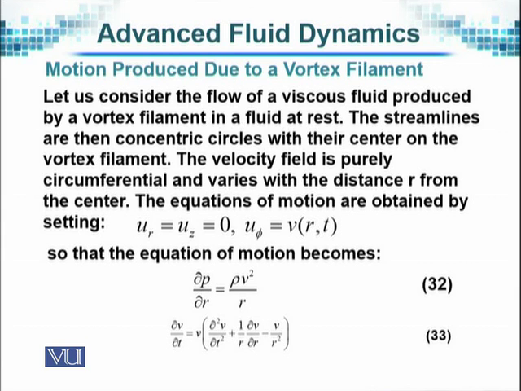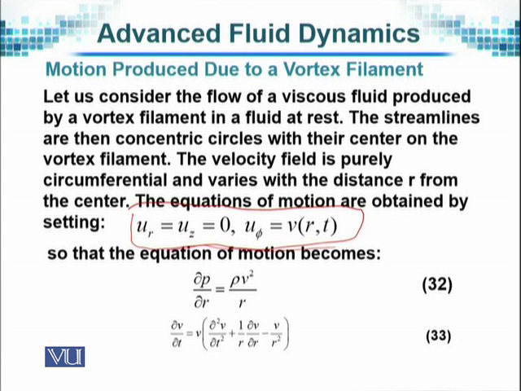The equations of motion can be set to be of this form, because if we consider the vortex filament, the geometry determines that the fluid flow looks like this. The only motion that occurs is in the angular direction and not in a radial or vertical direction.